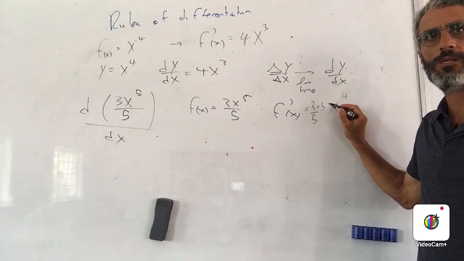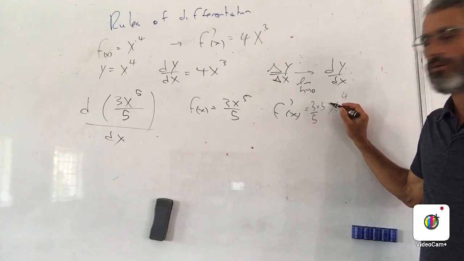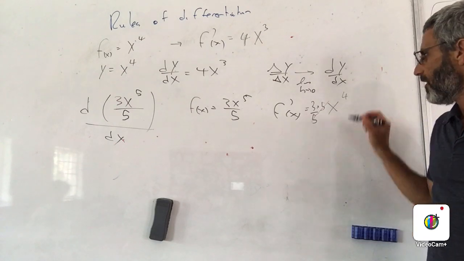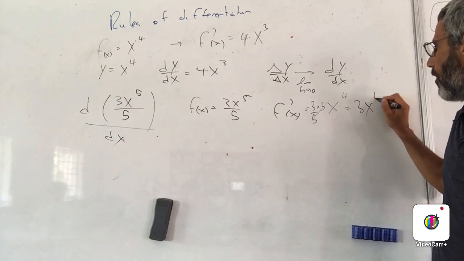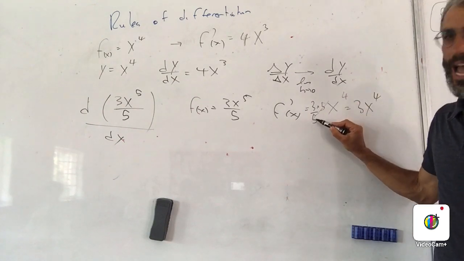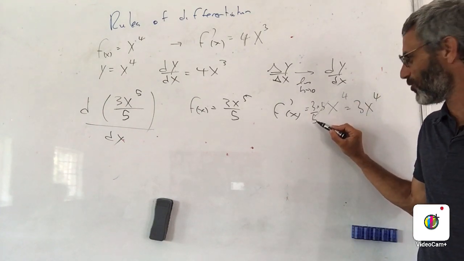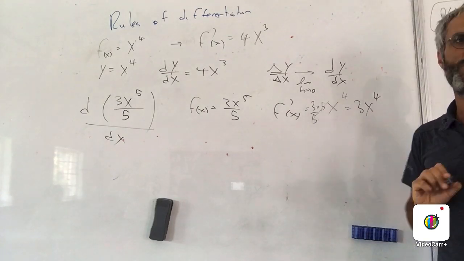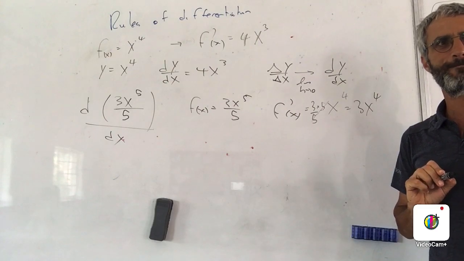What do I do now? You cancel. So what do we have? 3x to the power 4. The 5 jumps out, and the 5 lying down there annihilates it, and we end up with a 3. Are we happy with that?